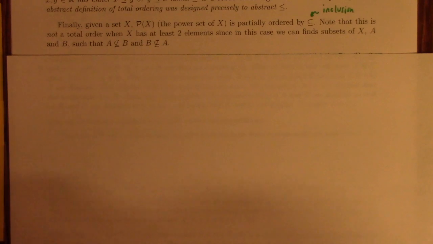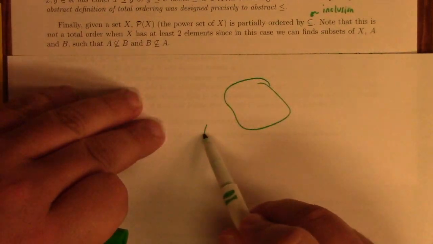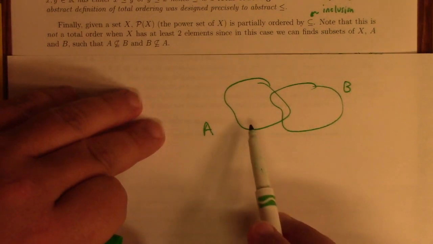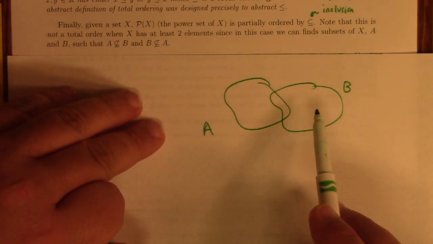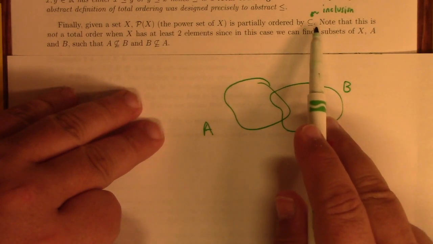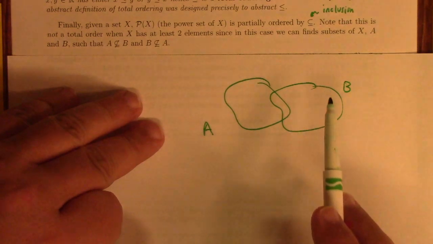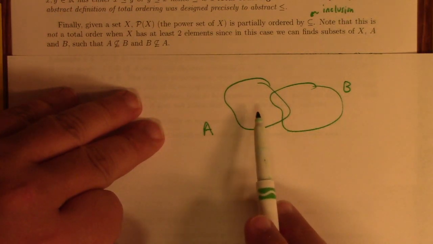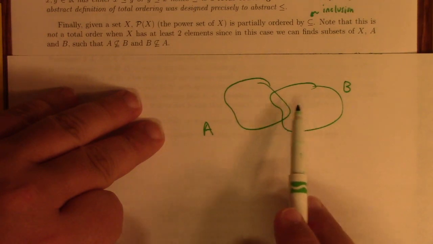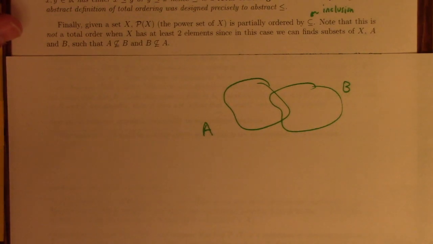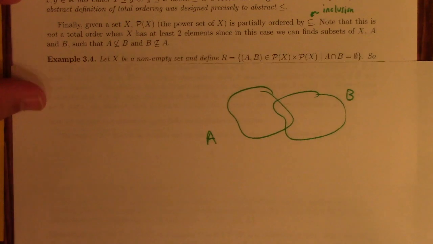If the picture looks like this, this is A and this is B. A is not a subset of B, B is not a subset of A, which means that if subset is the definition for the relation, then it's not going to give us a total ordering, because it's not one way or the other, and we need it to be one way or the other to get that total order.